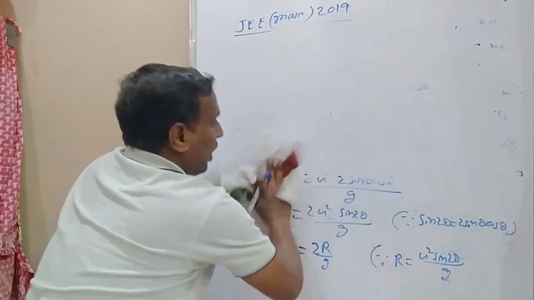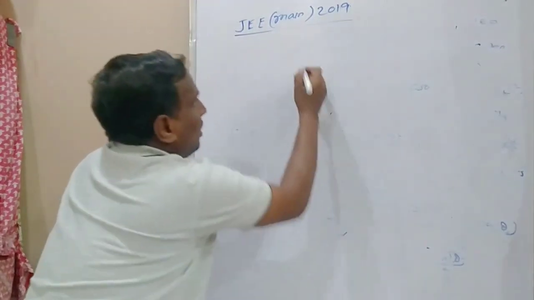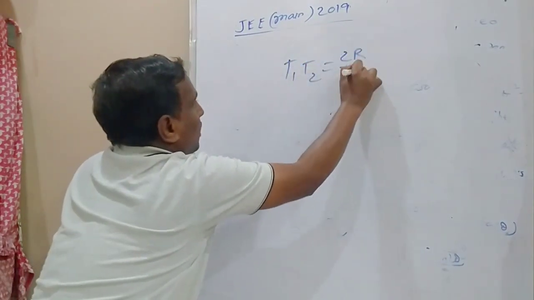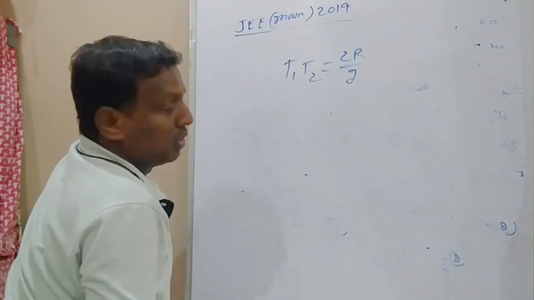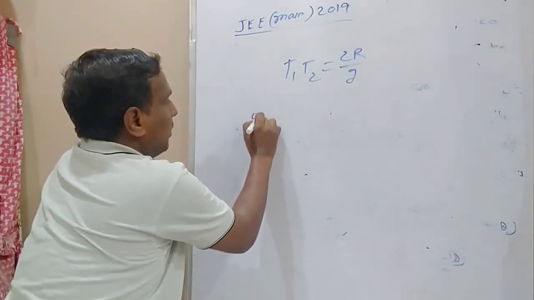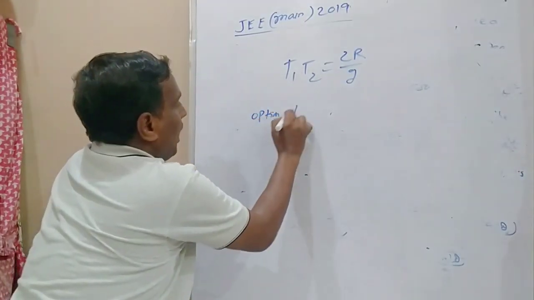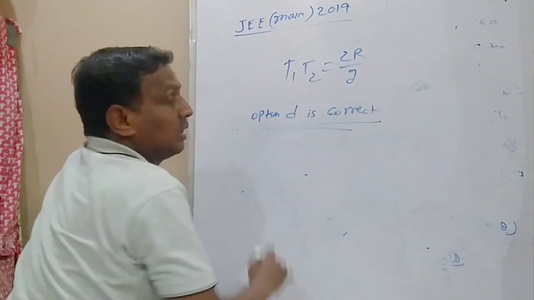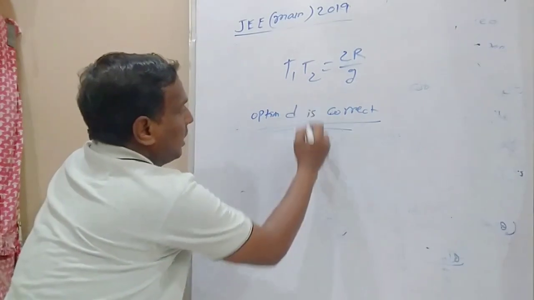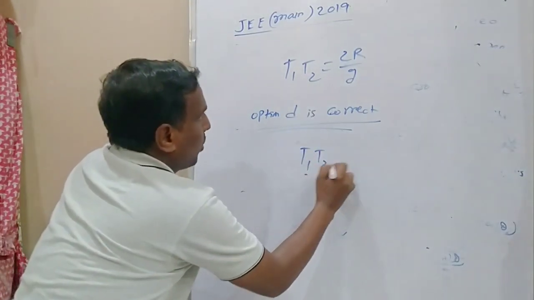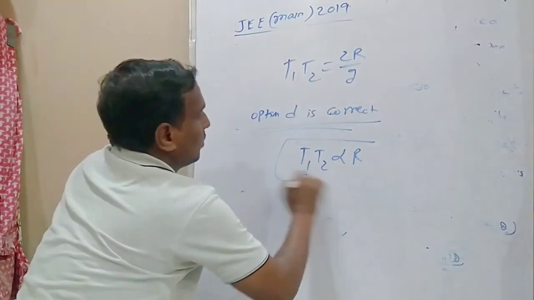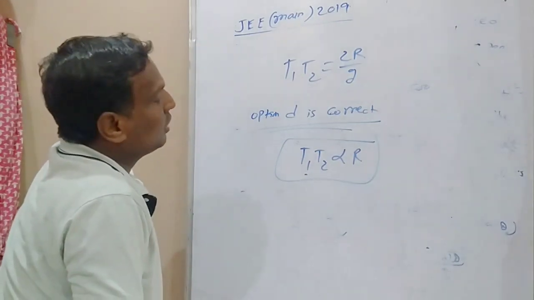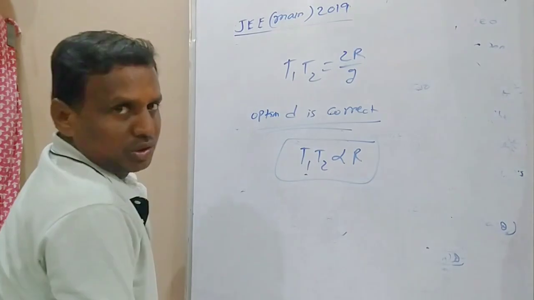So what we got here, T1 into T2 equal to 2R by g. This is the important relation, students. So option D is correct. And from this, T1 into T2 is proportional to R also, because 2 and g are constant at a certain place. So T1 T2 proportional to R, we can add here.